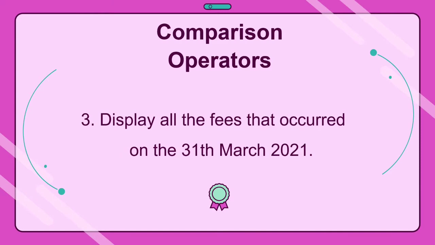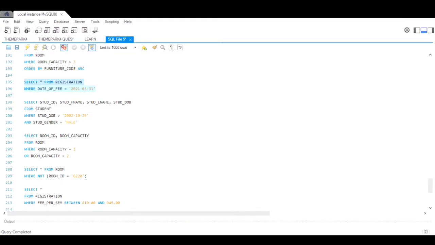Question 3. Display all the fee that occur on the 31 March 2021. Okay, for this question, we need to list all the fee that have occurred on 31 March 2021. So we select from the register table.